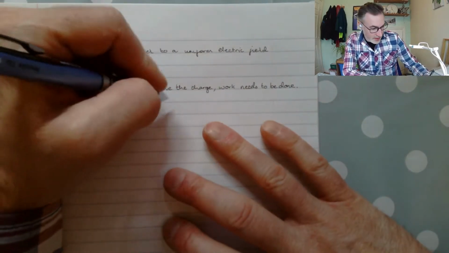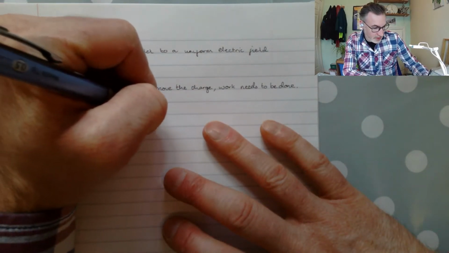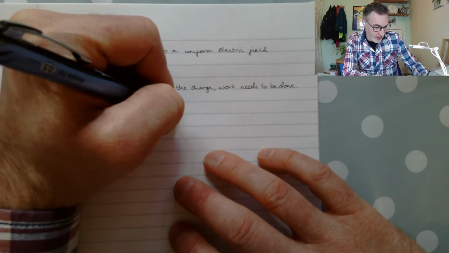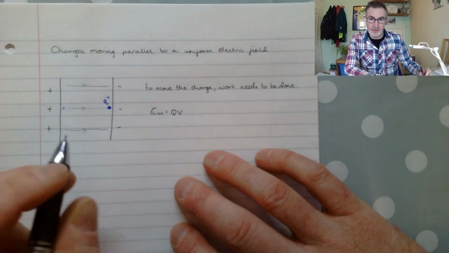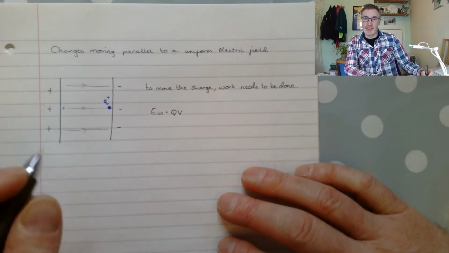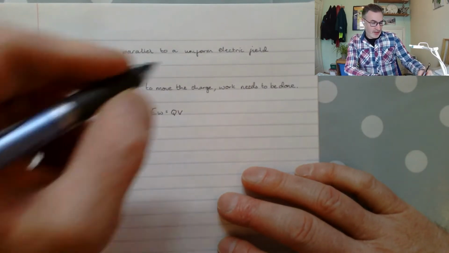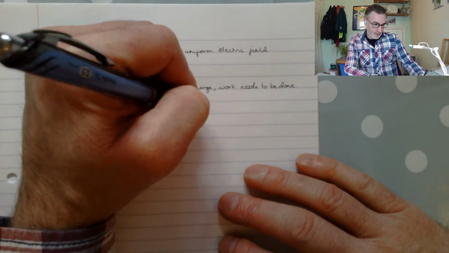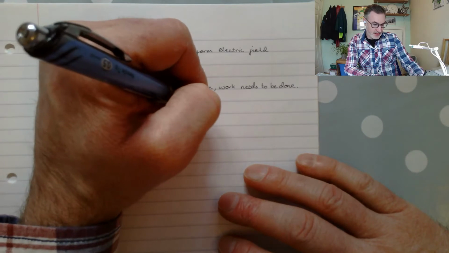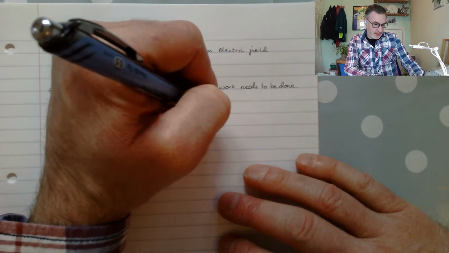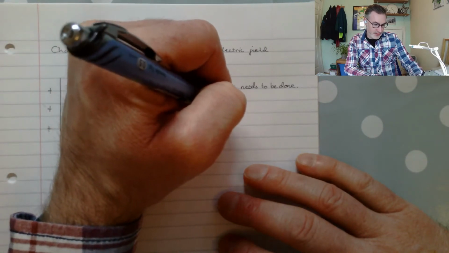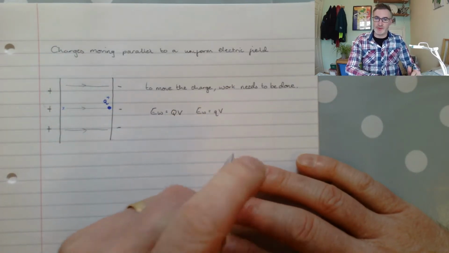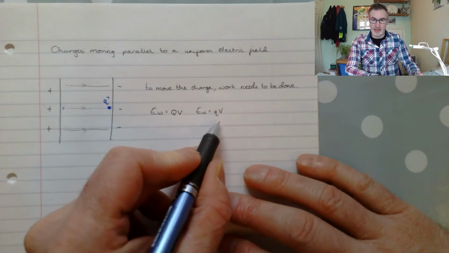From Higher we had the formula EW is equal to QV. In Higher and Advanced Higher it would be written as big QV, but for the sake of this, I'm just going to start writing it as QV. Same thing, you will not be penalised for using a small q as opposed to a big Q. It doesn't make any difference.